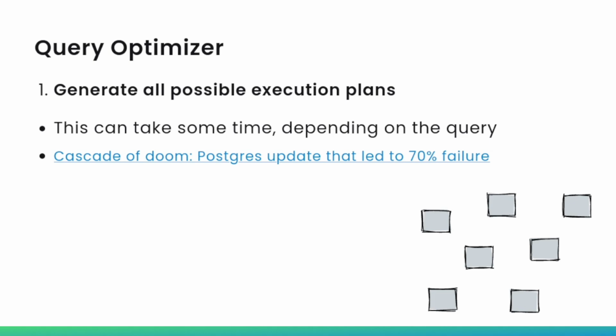The first thing that the optimizer would do, okay, is to generate all the possible execution plans, okay? So one execution plan might be use the index, another don't use the index, or a third might be use that index or use that index, okay? There's many variations. The more complicated the query, the more possible execution plans you might have. So it starts by generating all the possible execution plans, okay?